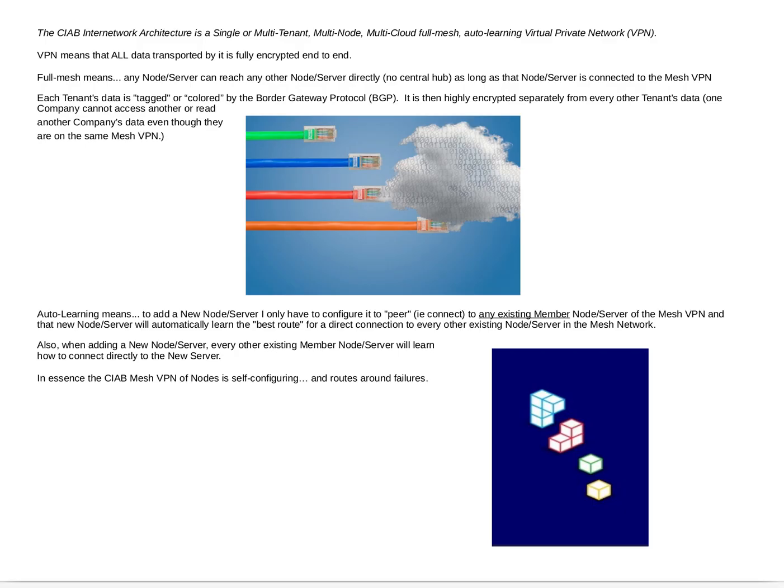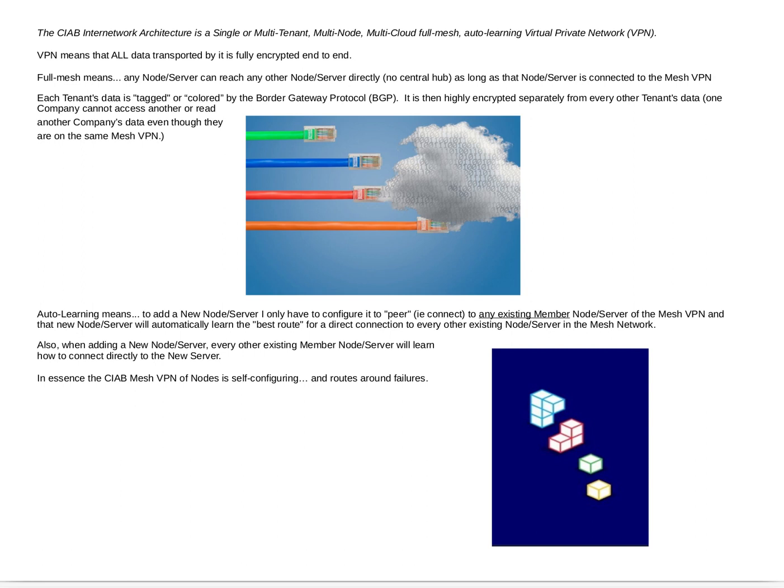The CIAB internetwork architecture is a single or multi-tenant, multi-node, multi-cloud, full mesh, auto-learning virtual private network. The CIAB architecture is implemented using all open source software on Linux systems, including WireGuard VPN, which is now built into the Linux kernel in modern current Linux systems.